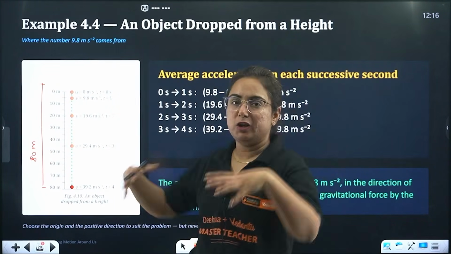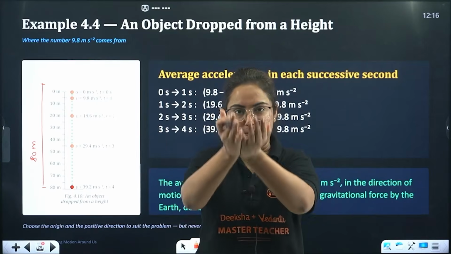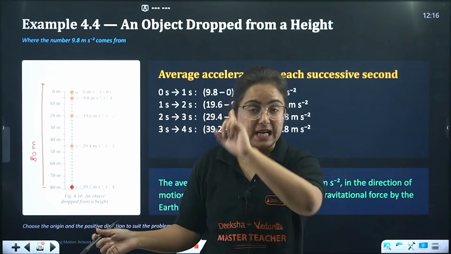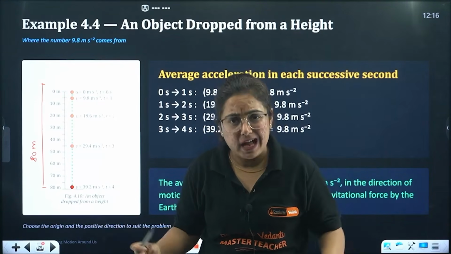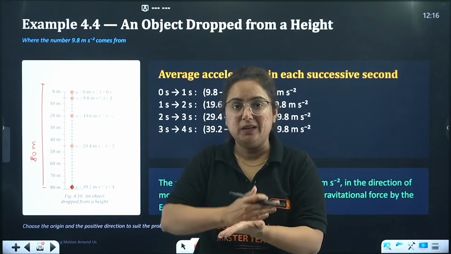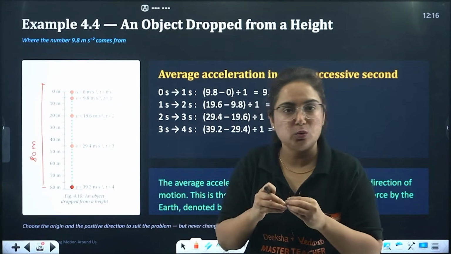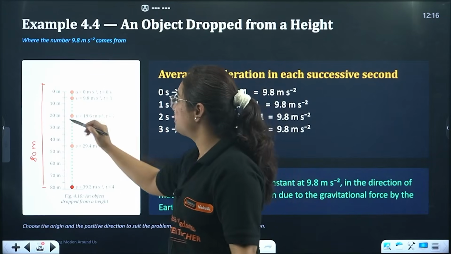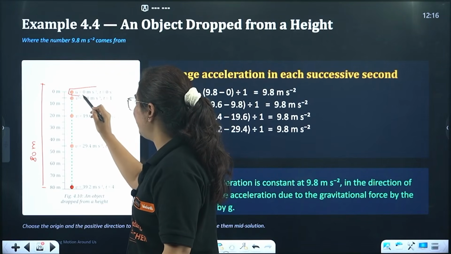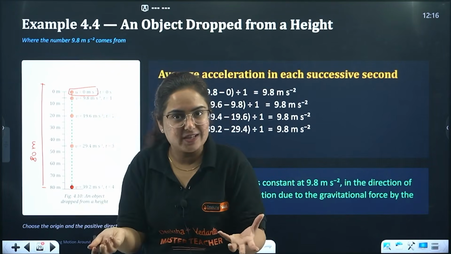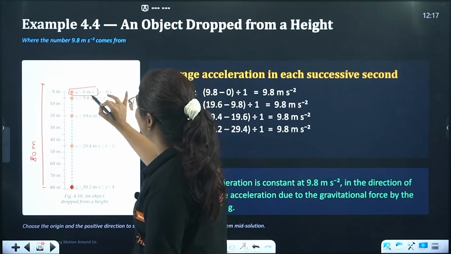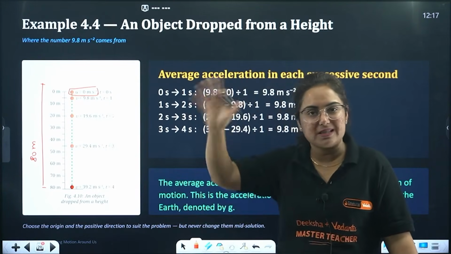Now, consider you are standing at a height and you drop the ball from your hand. So now what will be the speed? What will be the velocity? What will be the acceleration? This is what we have to understand. But when the object is dropped, because it was at rest at that time, the initial velocity becomes 0 meter per second.